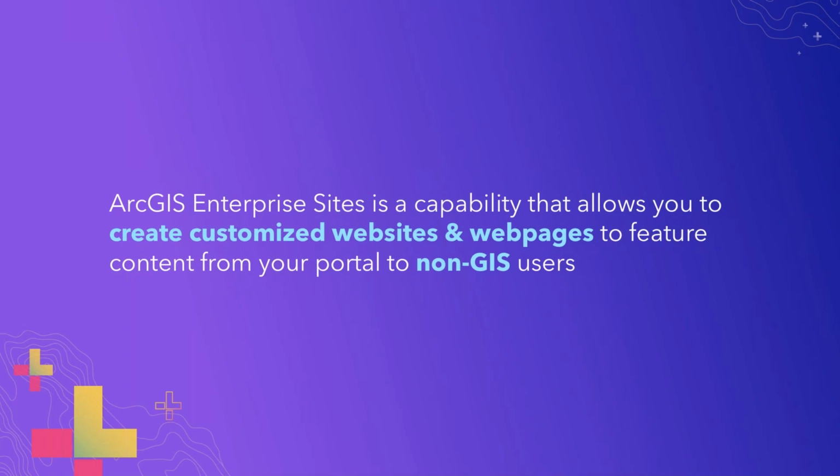And below that, we can think of ArcGIS Enterprise Sites as some of the fundamental platform capabilities. So Enterprise Sites gives you the ability to create customized websites and web pages that feature content out of your portal, use your portal's security information model, and then really present it to your non-GIS users.